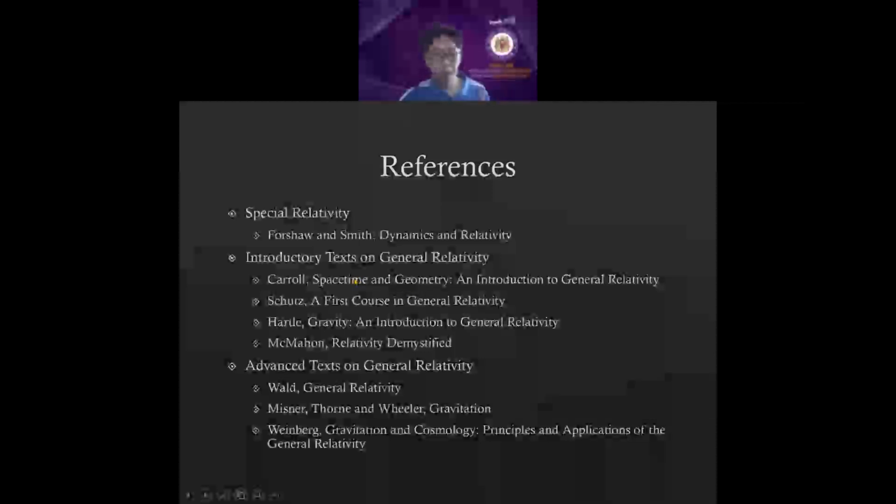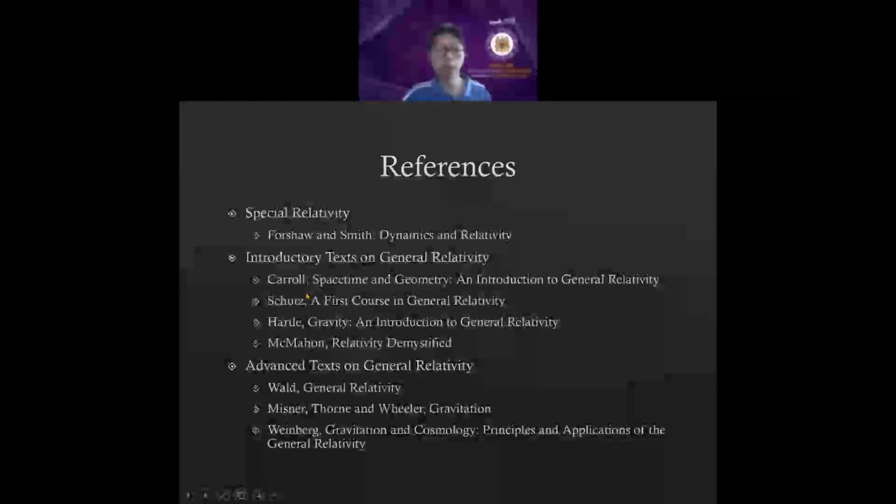But you could also start with Schutz, for example, or Hartle. As you go further, you can start exploring the more advanced texts on GR, which are these three. For starters, I would suggest that you begin with either Carroll, Schutz, or Hartle.